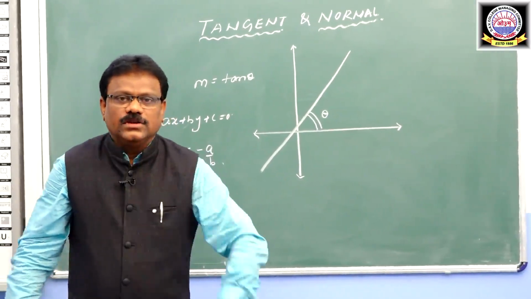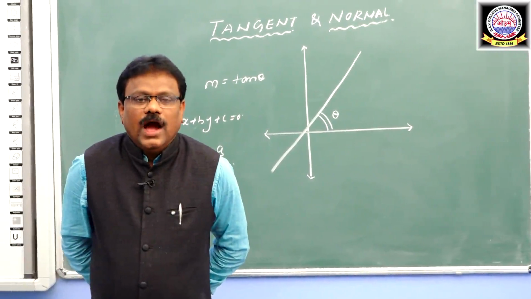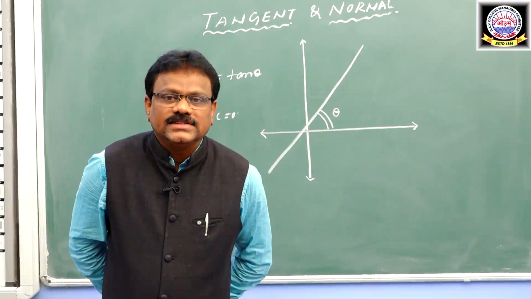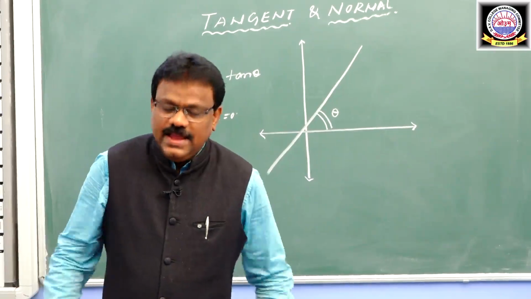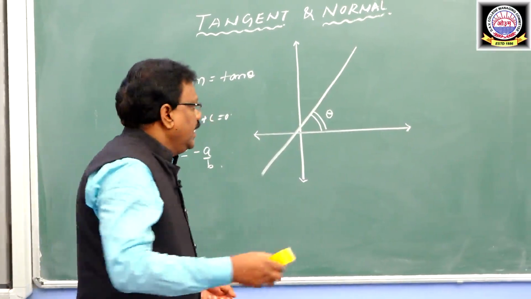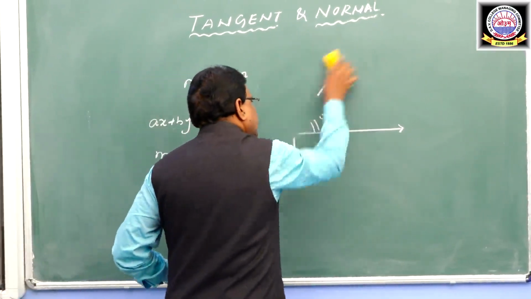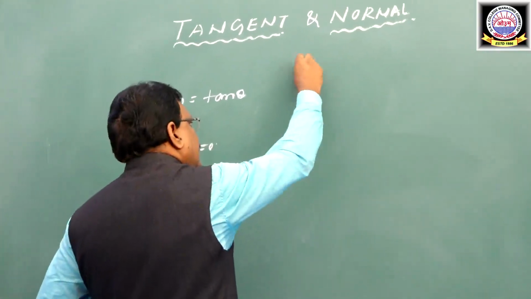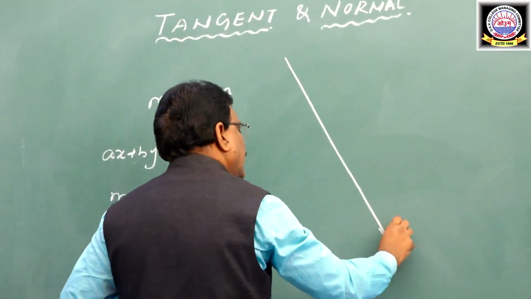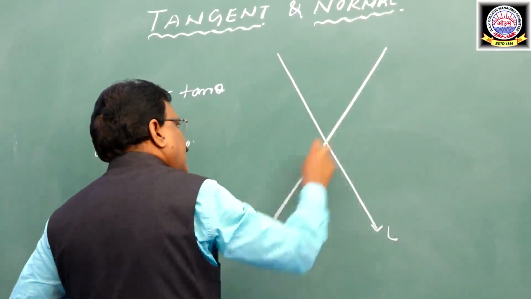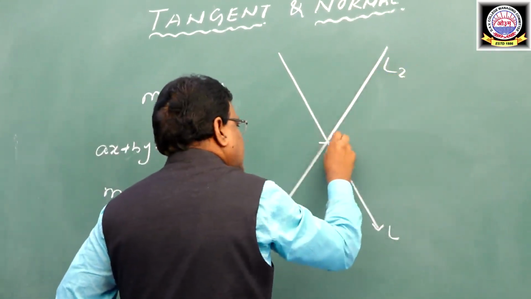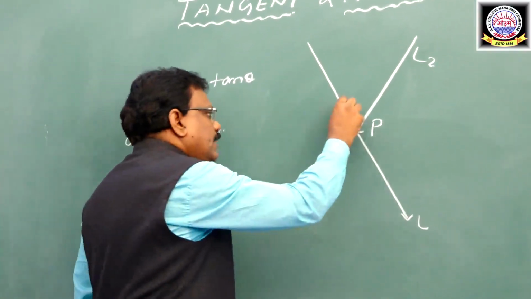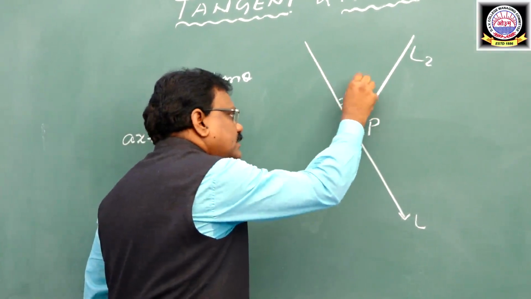And the third concept you also know is how to get the angle between two intersecting lines. Let the lines L1 and L2 intersect at a point P. Let the angle between them be theta.